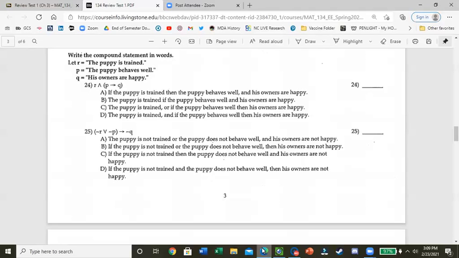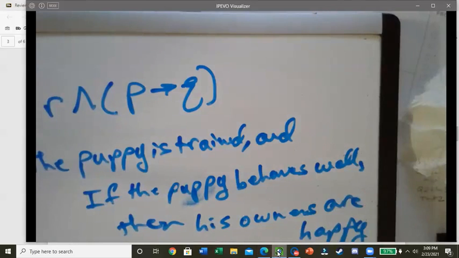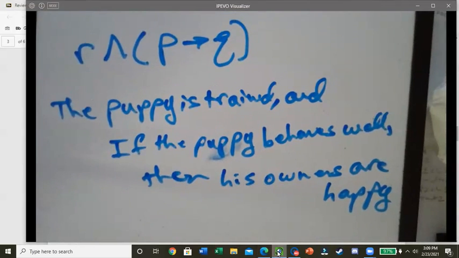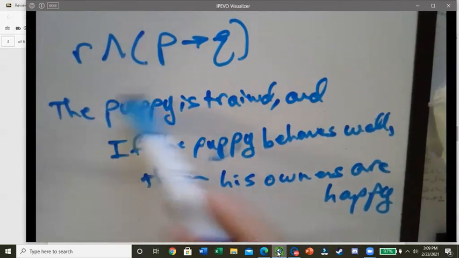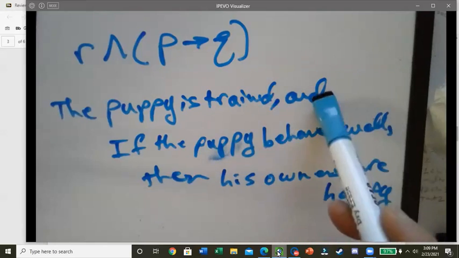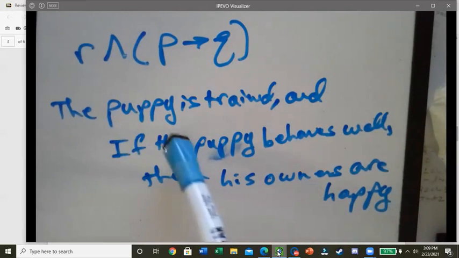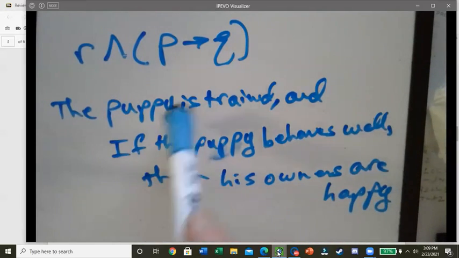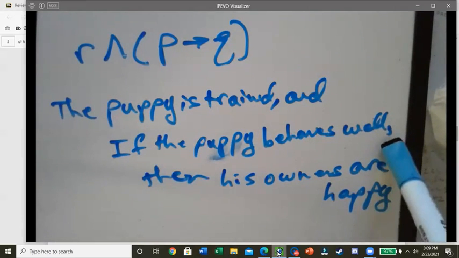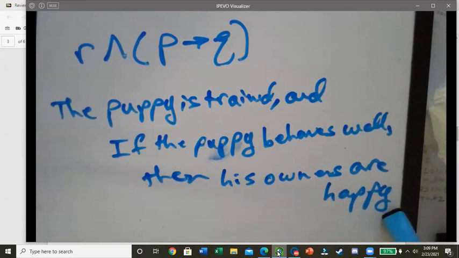Okay, so this is what it would look like if you wrote it out. R is the puppy is trained, and this is an if-then statement, so if the puppy behaves well, then his owners are happy.